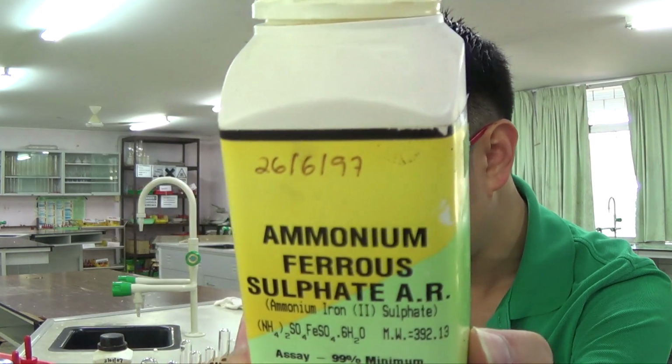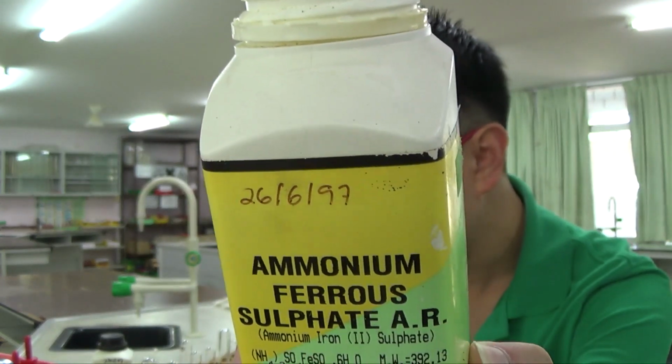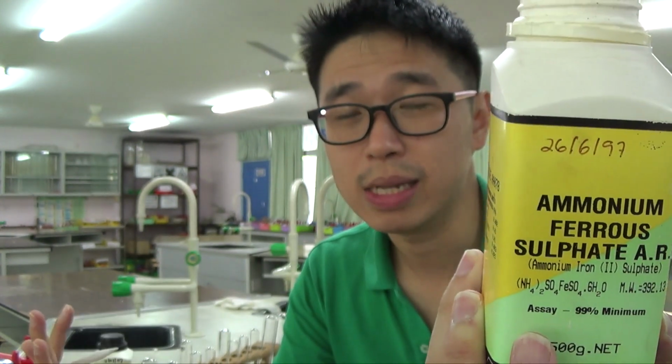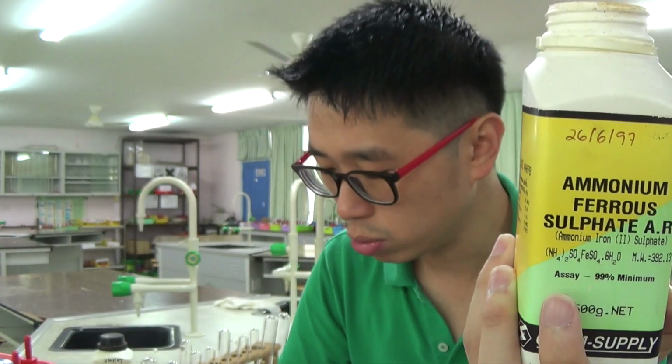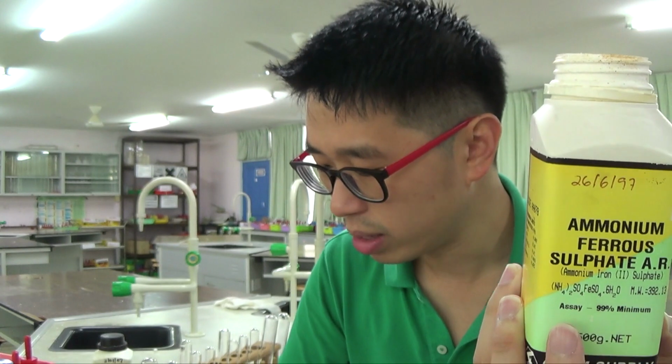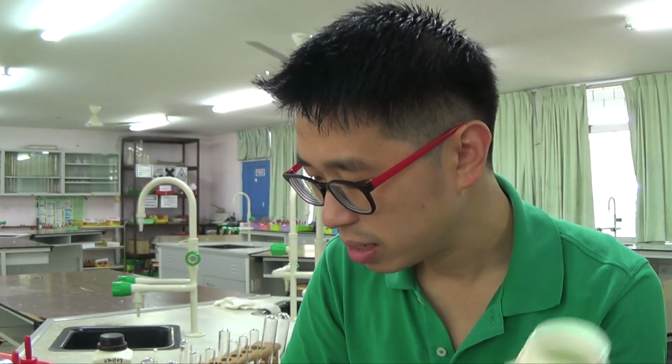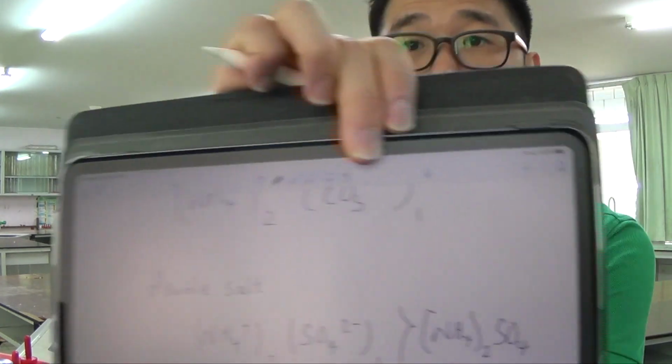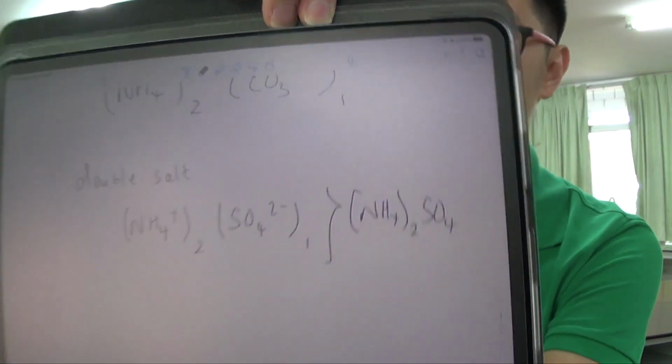The first one is ammonium sulfate, NH4+ and SO4 2-, which means that you need 2 of the NH4+ and 1 of the sulfate, such that you get this formula for ammonium sulfate.